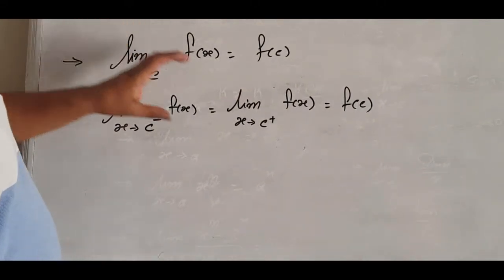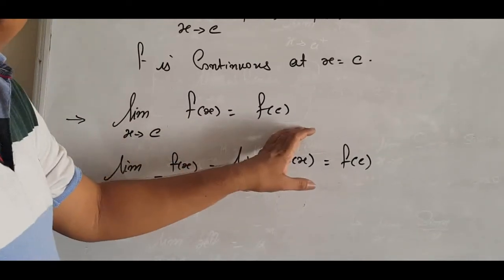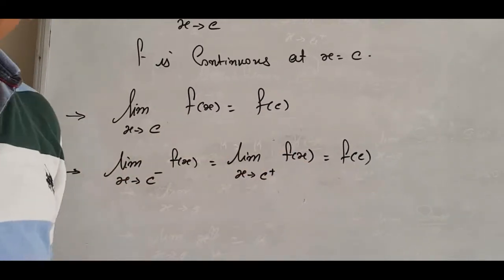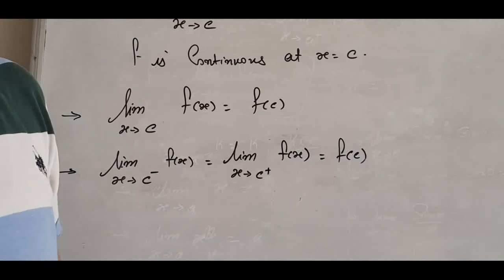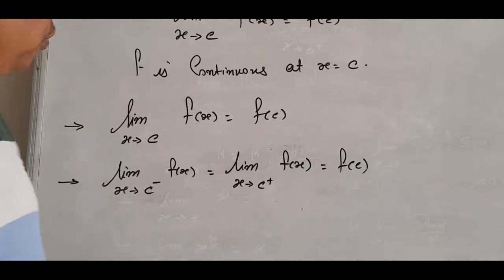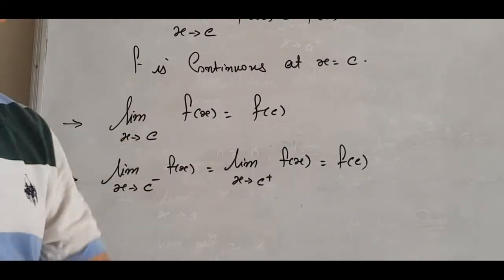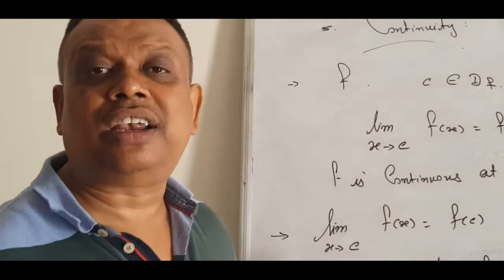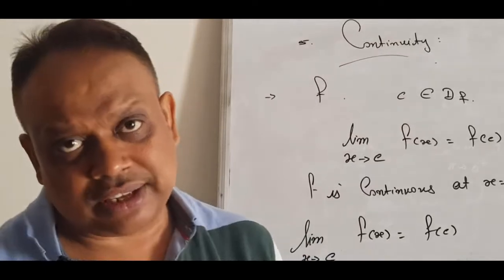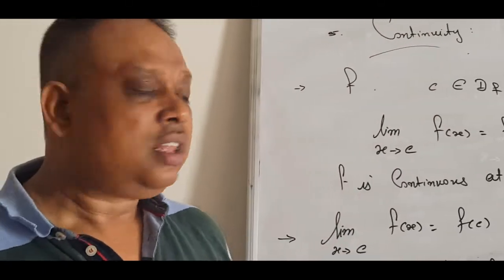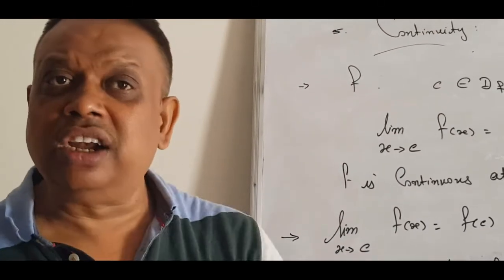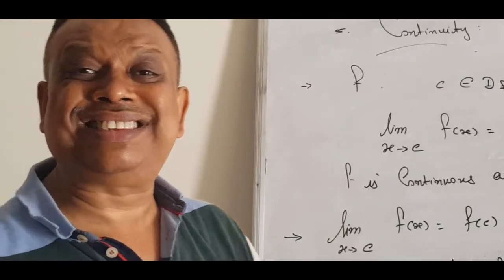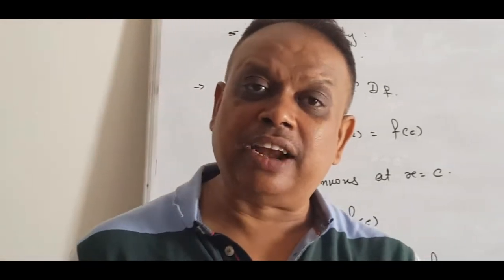If limit of x tends to c, f(x) is not equal to f(c), then also the function is not continuous at that point. So if all these things hold, then only we say that a function is continuous at x is equal to c. Otherwise, the function is not continuous. It means it is discontinuous at that point.